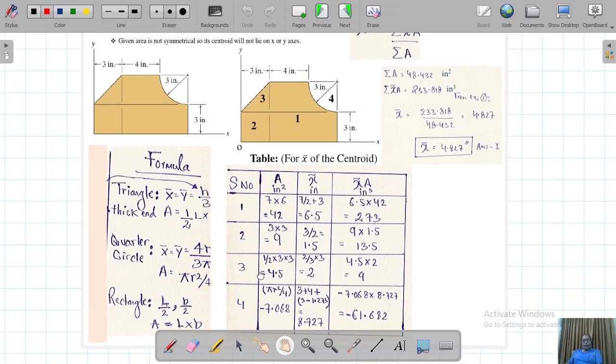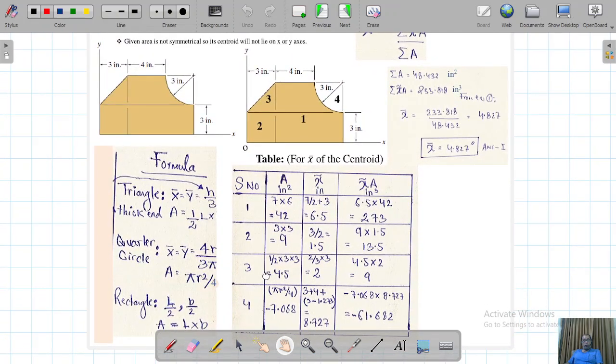Apart from this, you must understand the formulations which are very important here. For a triangle, the centroid will exist at x bar, y bar equals h by 3.